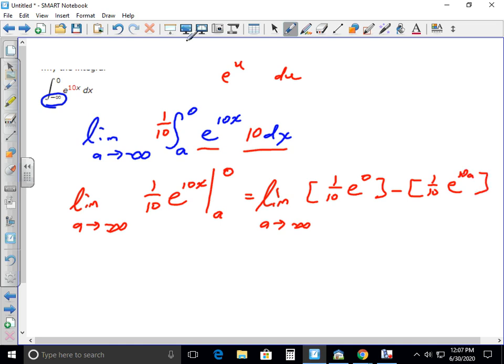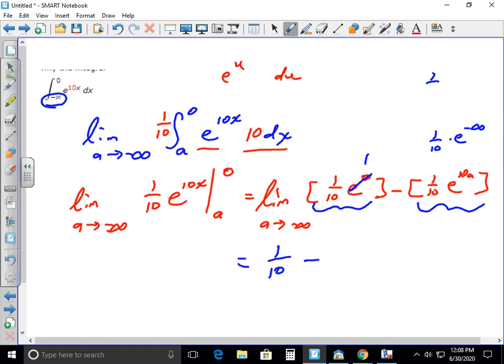So let's think about what this limit is. For the first term, that's a constant. The limit of any constant is that value. e to the 0 is 1, so that's 1/10. Now the question is, what is the second term? Well, if a goes to negative infinity, then our exponent goes to negative infinity.